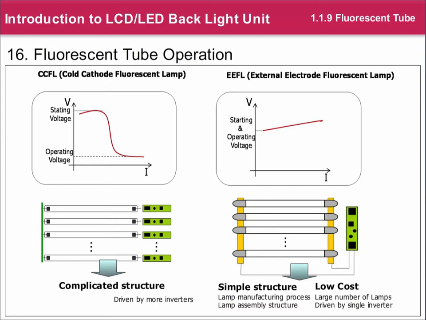So EEFL has the big advantage of a simple structure, since one single inverter can drive all the tubes. Also, the manufacturing of EEFL is more simple because the electrodes are applied on the outside skin of the tube instead of internally molten in the glass.